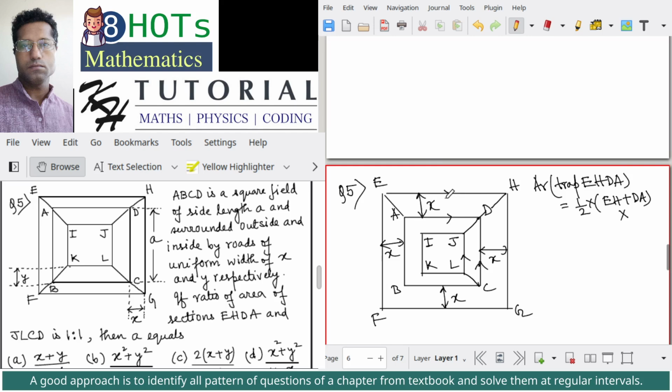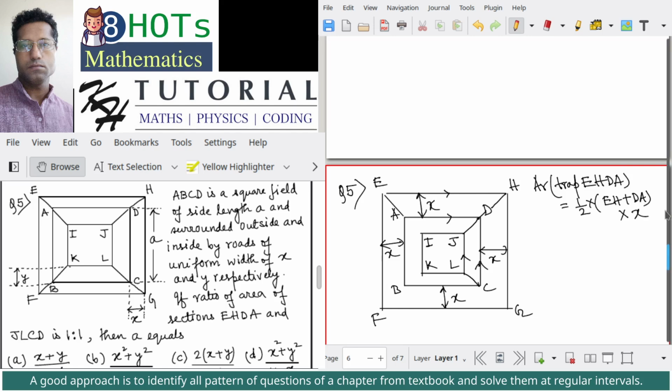You can clearly see that the height will be the width of the road surrounding outside the square field, which is x.